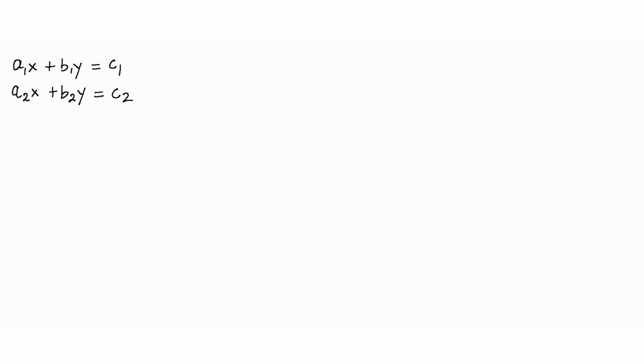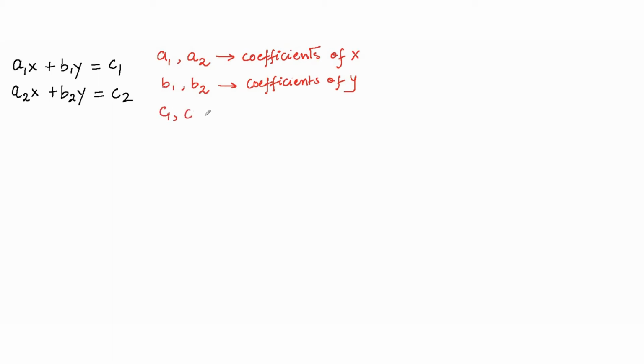So over here we notice that a1 and a2, these are the coefficients of x. Then b1 and b2 are the coefficients of y, and c1 and c2 are the constant terms.